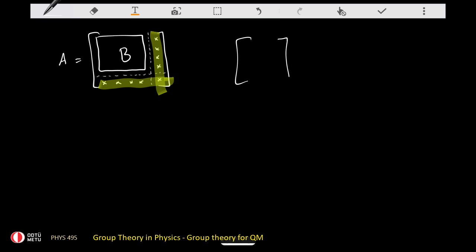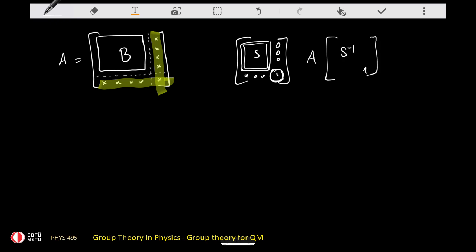I can multiply A by a matrix in the form like this, where there's an m-1 by m-1 block in here, and then zeros in here, and then there's a block of 1 in here, and its inverse.